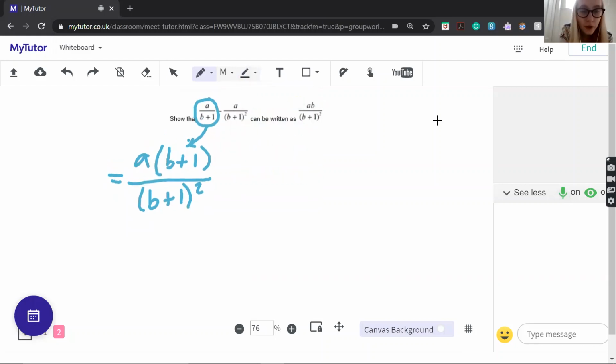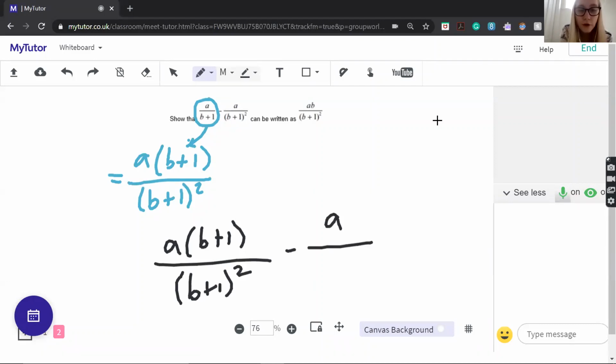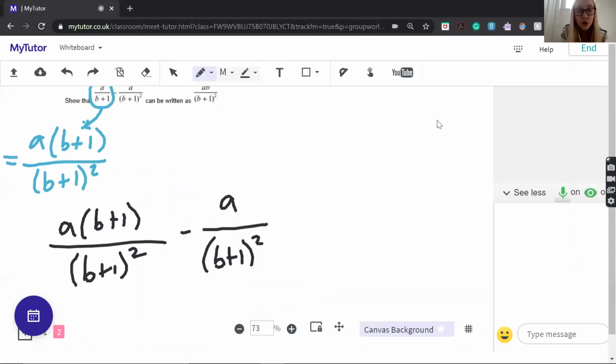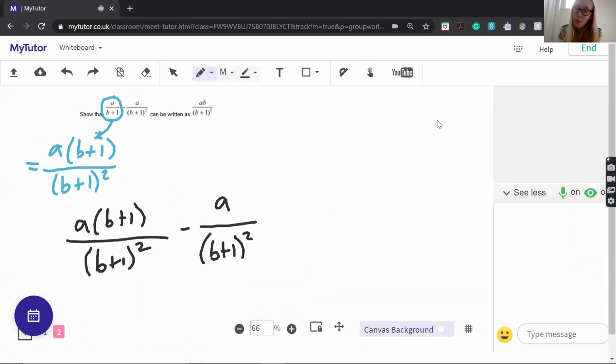So we've got a lots of (b+1) over (b+1) squared minus a over (b+1) squared. And that means that we just subtract that a from the top. If you remember, that's what we do with fractions. It's no different just because we've got some algebra in there, just because we've got some letters. It's exactly the same thing.